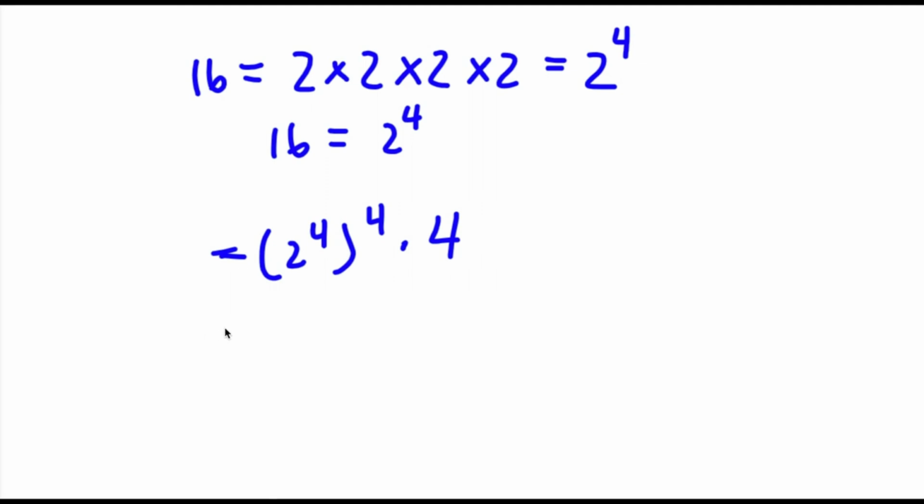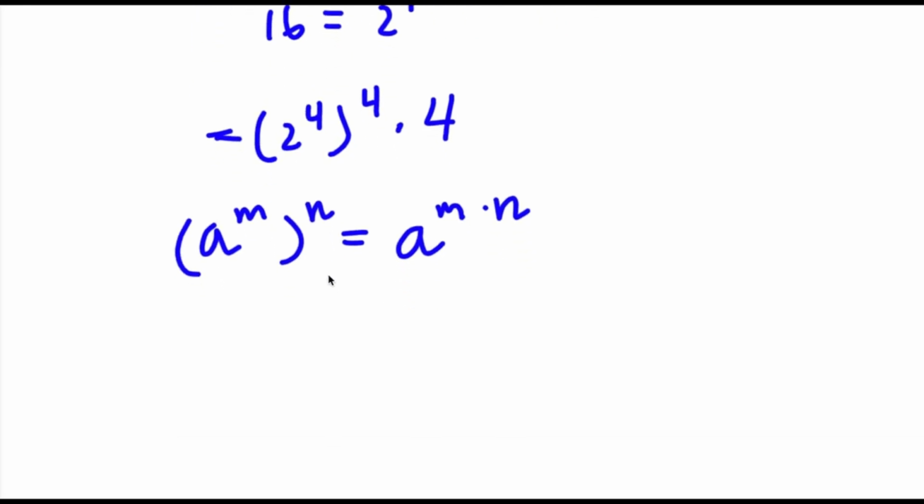Now, if I have something in the form a to the power of m to the power of n, this is equal to a to the power of m times n. So 2 to the power 4 to the power 4 here, we can think of a as 2, m as 4, and n as 4 as well. So this would equal a to the power of m times n.